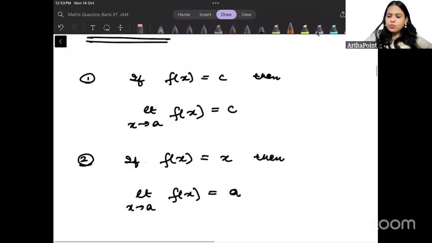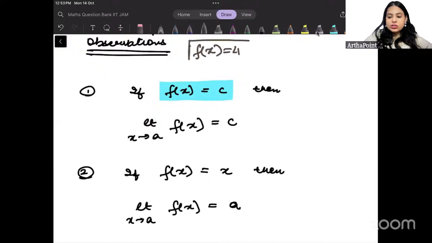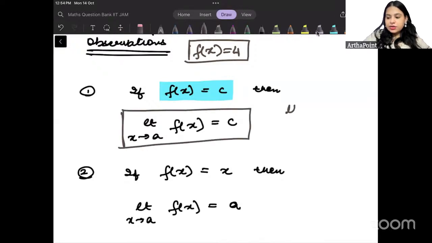Okay, there are a few observations here. The first observation is if the function is a constant function. If I tell you f(x) is equal to 4, it's a constant function. It always has the same value of 4. Then whenever x approaches any value, the limit will always be that constant.